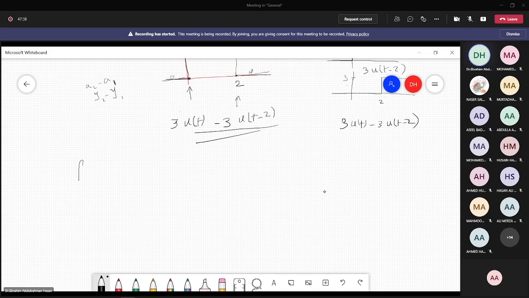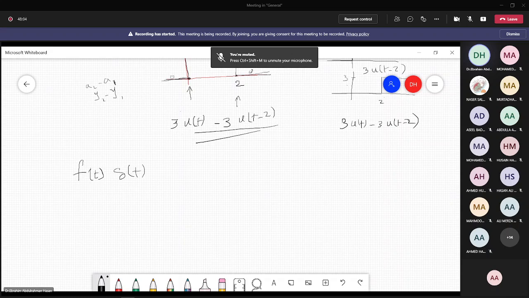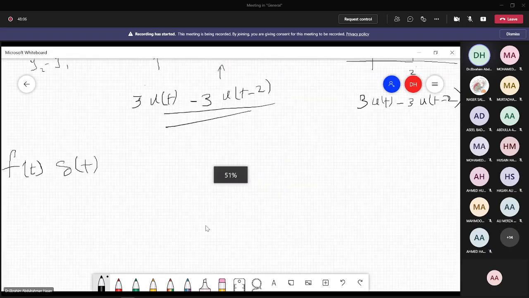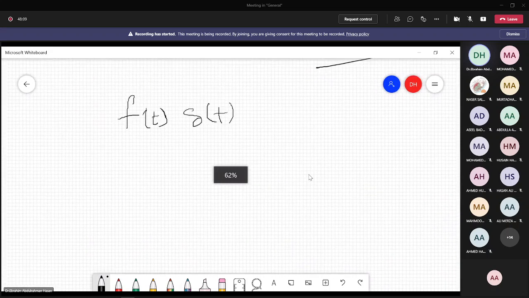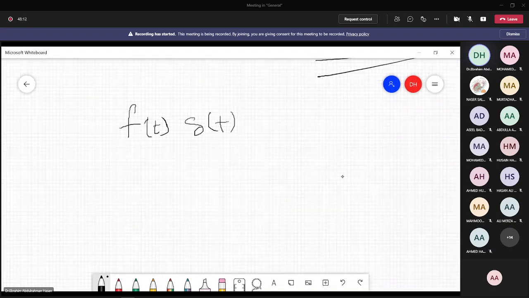If I have f of x, any questions before I go to other things? Okay, if I have f of t and I multiply it by delta t.